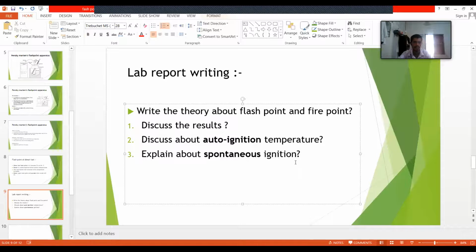Please note it down, or you can take a photo. If you are attending this session with a laptop, you can use a mobile phone and take a photo. That is enough. When I am giving some work or asking you to write something or submit the lab report, you should write like that.